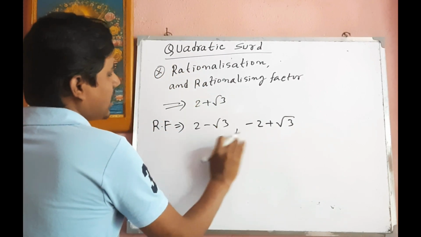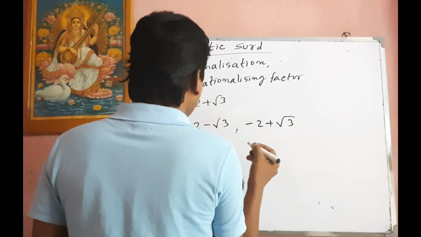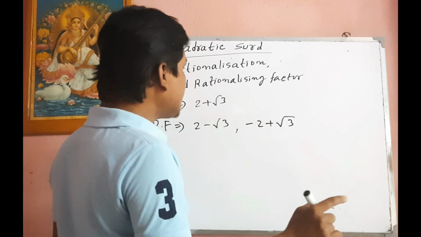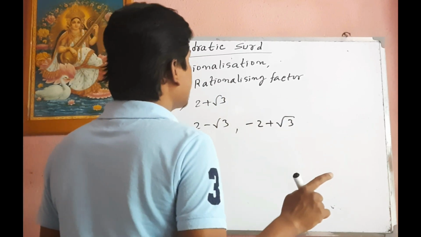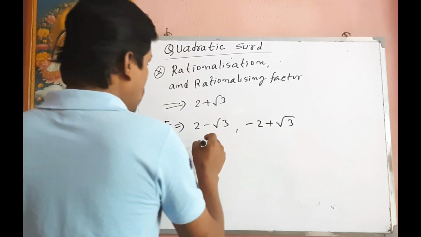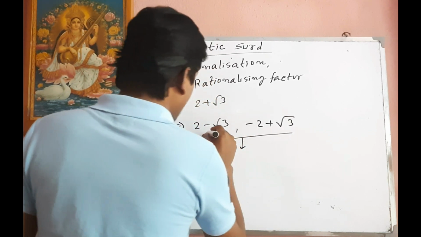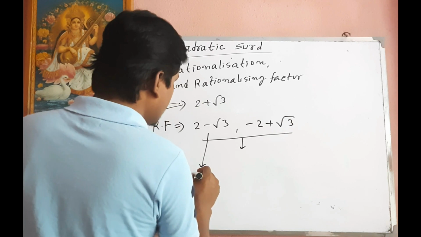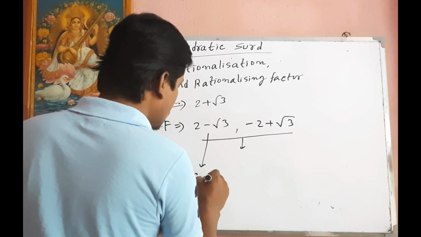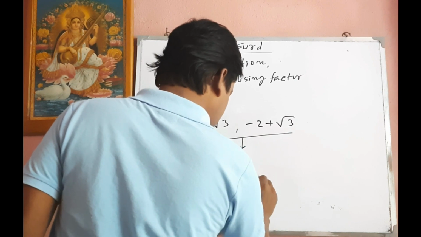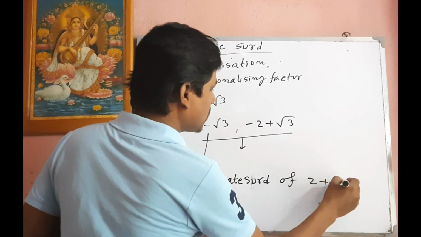Now rationalizing factor is this one. Among these two, one is called the conjugate, another is called the simple rationalizing factor. So these two are the rationalizing factors. Among these two we can say this will be the conjugate, 2 minus root 3.